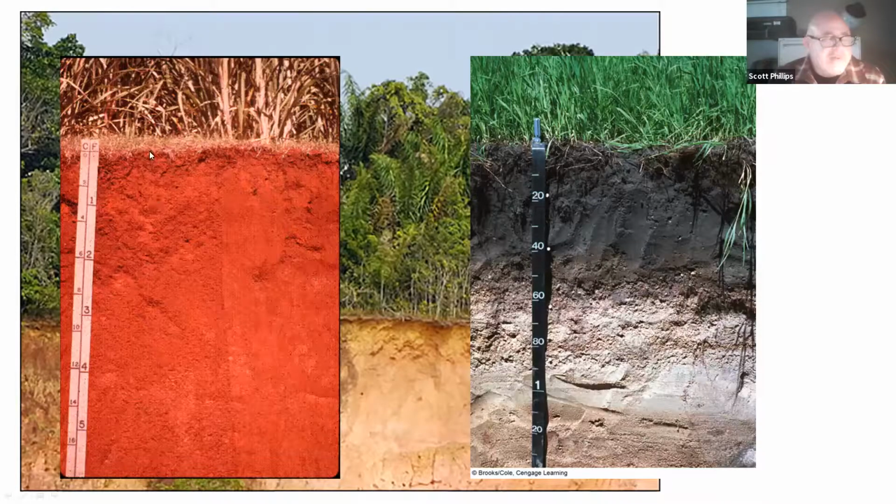So just, for example, these are two soil profiles. On the left is a tropical soil, and on the right is a mid-latitude grassland soil, or a steppe grassland soil. And in a grassland, the roots of the grasses work their way into the soil and form this deep A horizon, or topsoil.